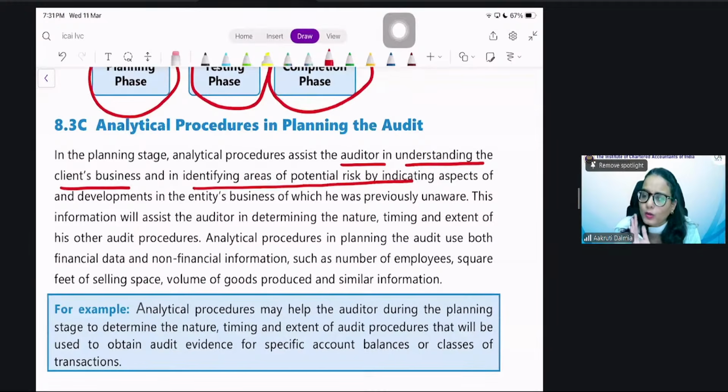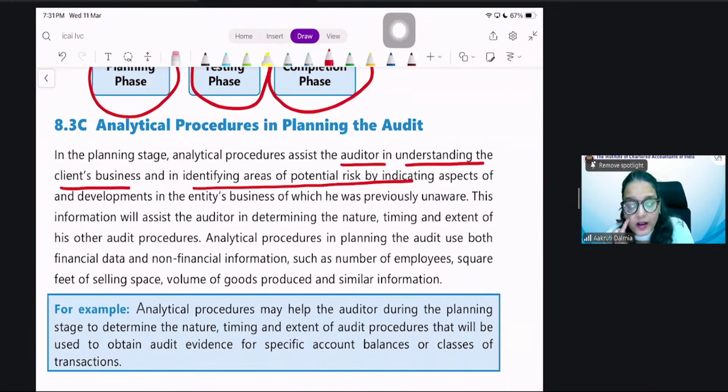So do I know immediately, during the planning stage itself, that I have to check transport expenses in detail? Do I know that I have to do further investigation by just looking at the financial statements and identifying areas of risk? Is transport expense an area of risk now?